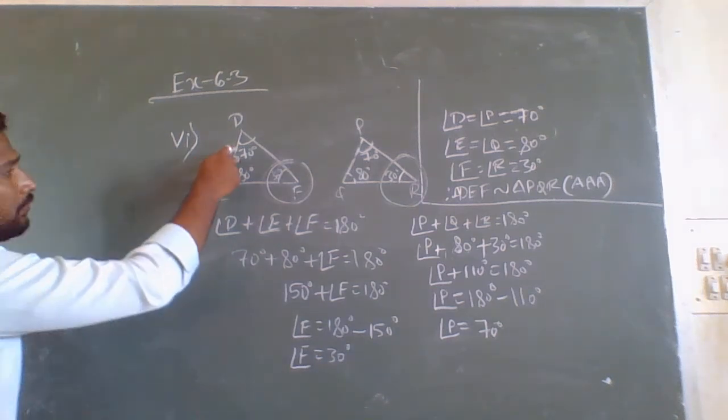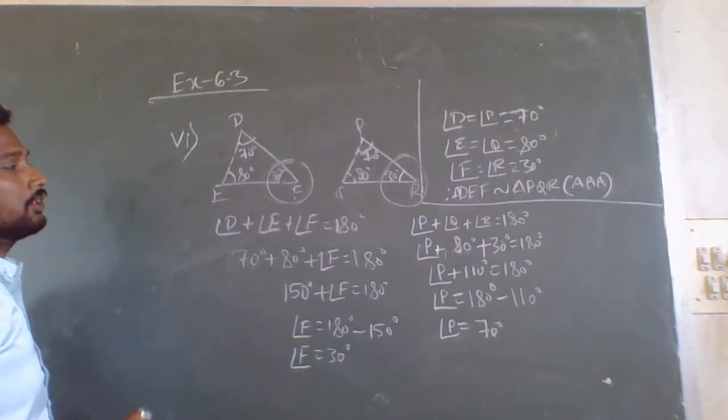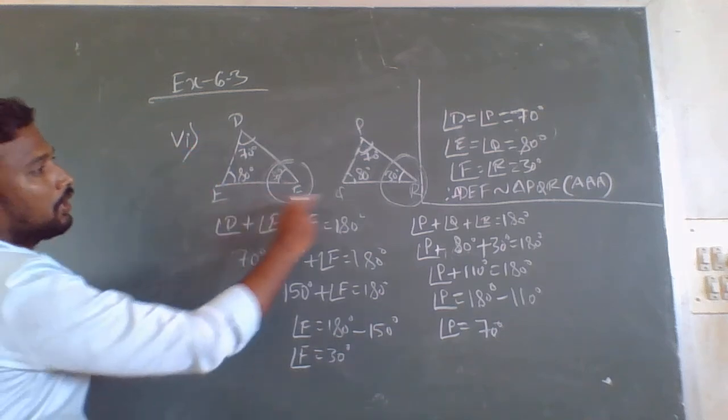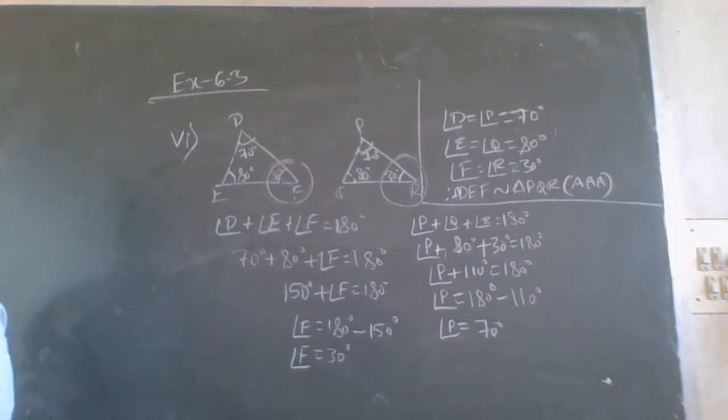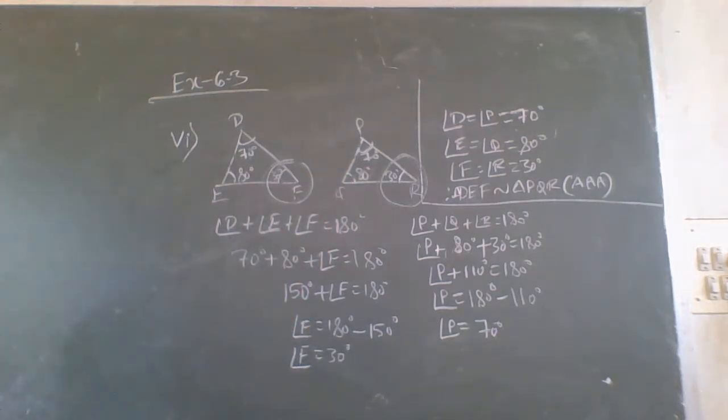Then if any two corresponding angles are equal to each other, we can say that those two triangles are similar, because the remaining angle will be equal only.